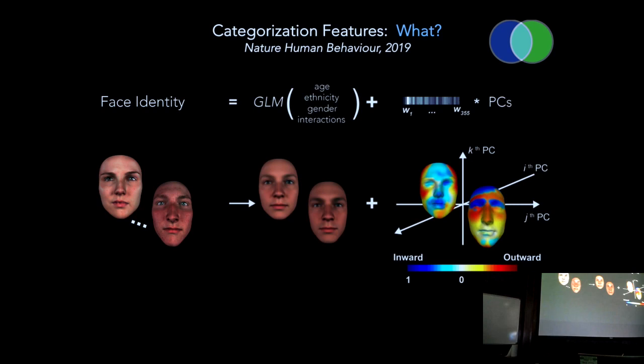We then use a general linear model to extract the features of age, of ethnicity, of gender and their interactions. And then we are left with, for each face, residuals. These residuals represent the identity of the face away from the average of a given age, ethnicity, gender, and interactions.